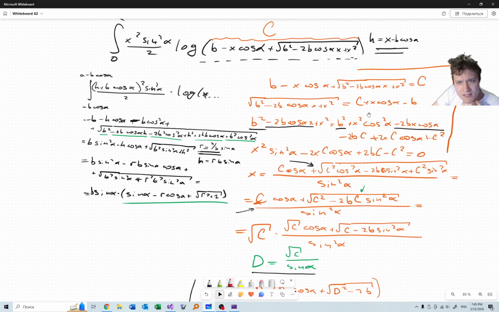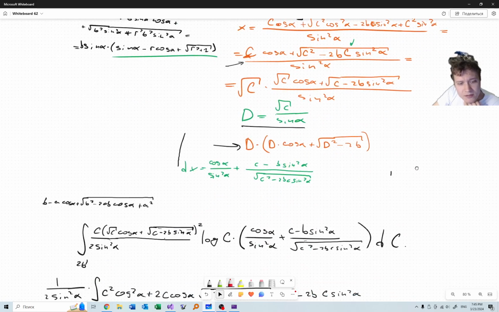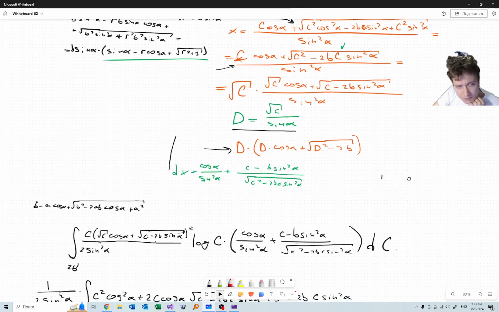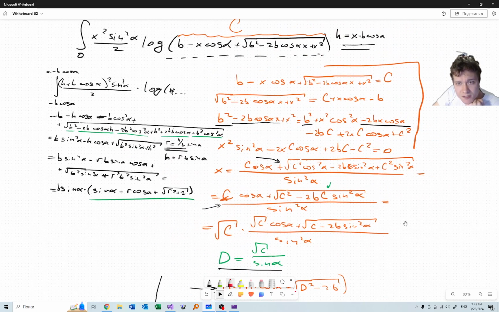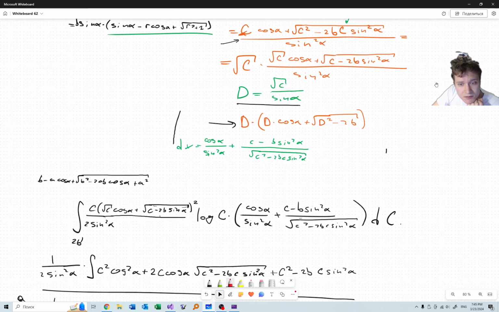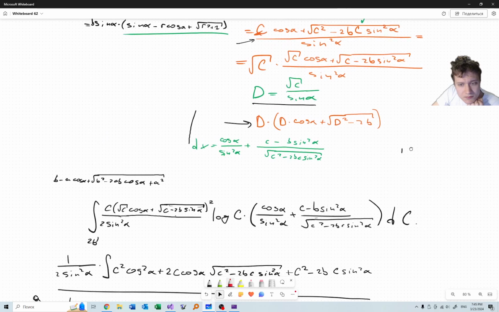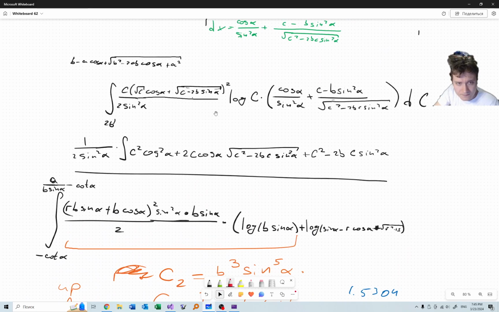Okay, let's go. I said that this is c, and c is some distance. Now I'm trying to integrate something dc, and here I have a logarithm of c.